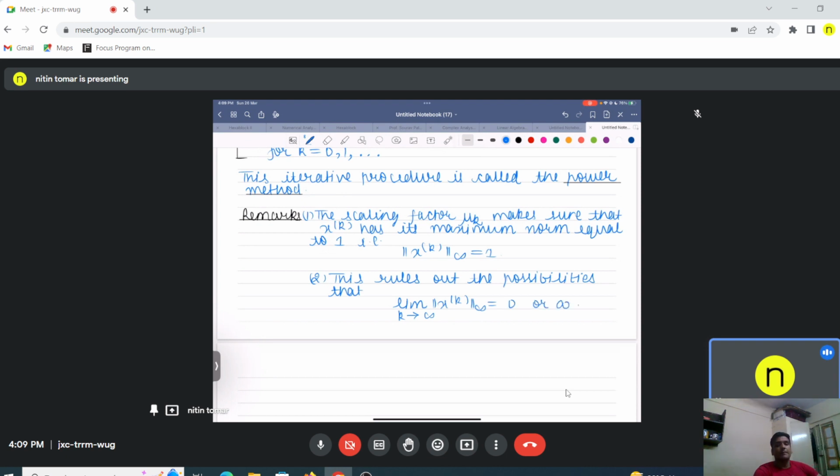So it cannot happen because the scaling factor that we have introduced ensures this. Okay.